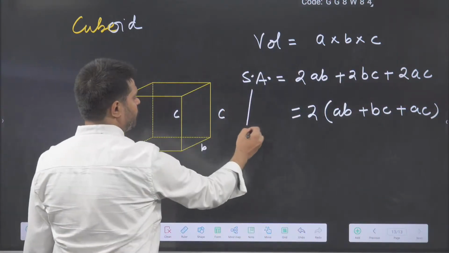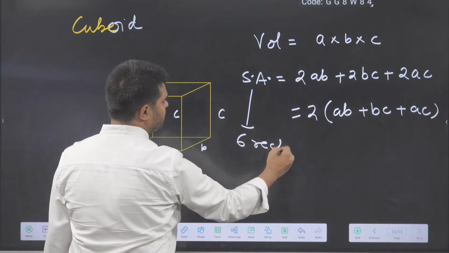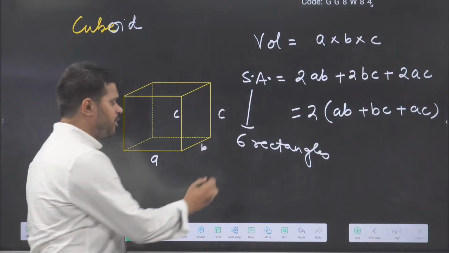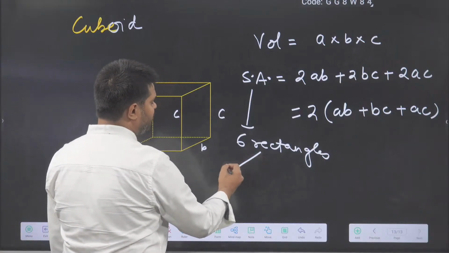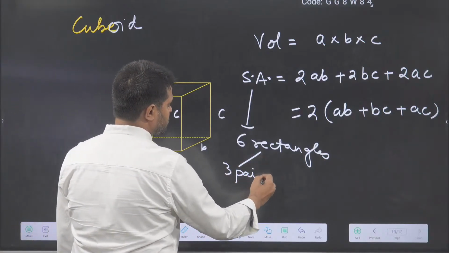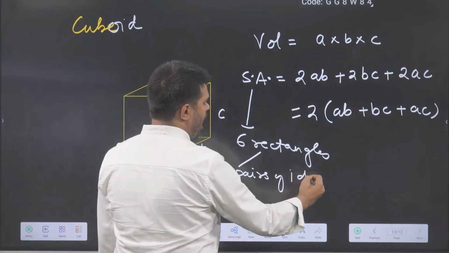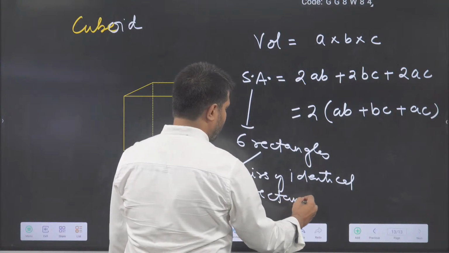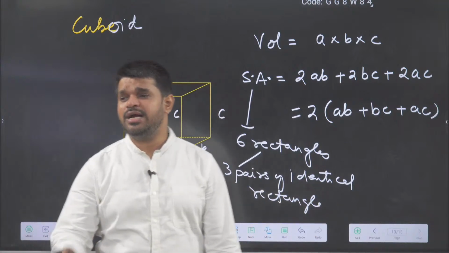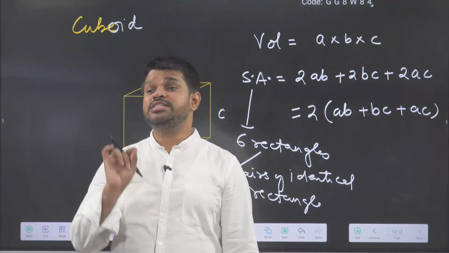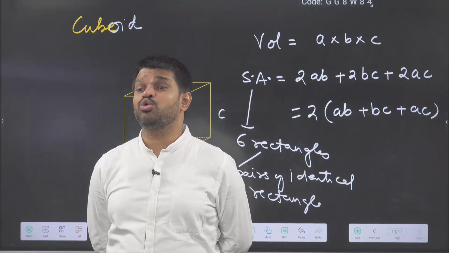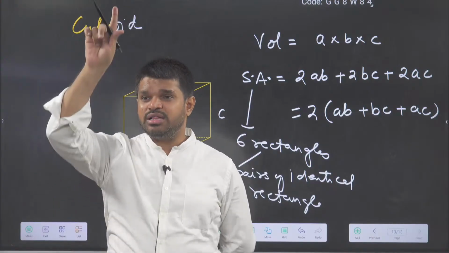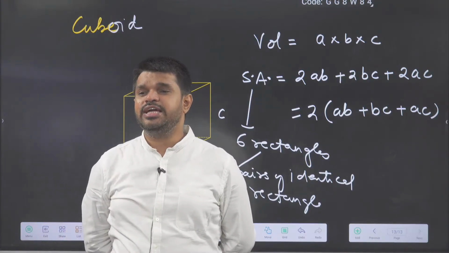Remember, 6 rectangles, and these 6 rectangles have 3 pairs of identical rectangles. Those who are not able to understand, let me tell you, you are sitting in a room.